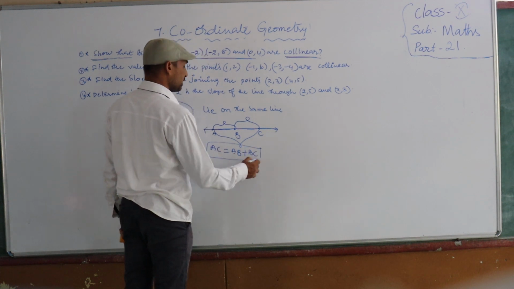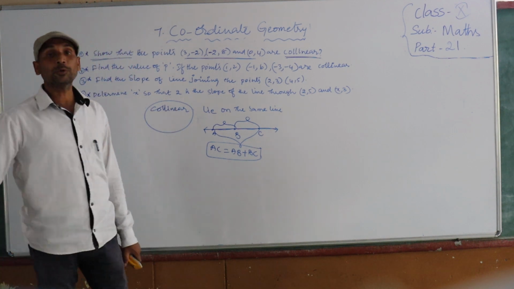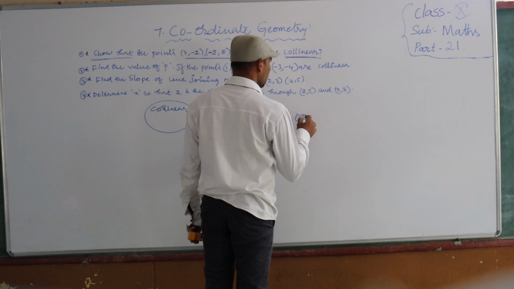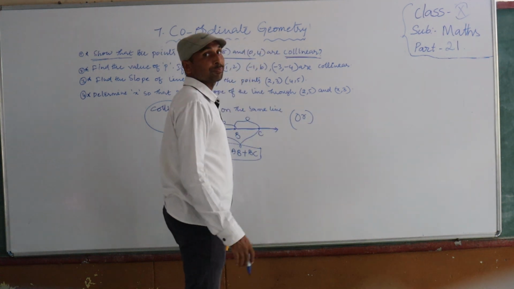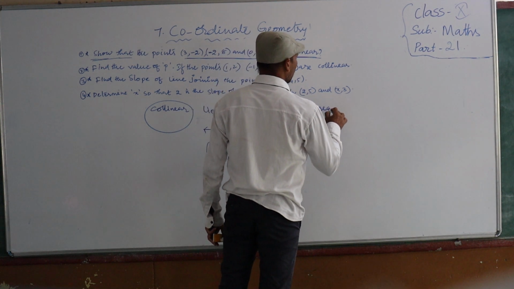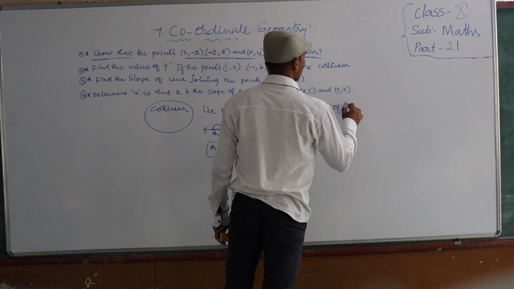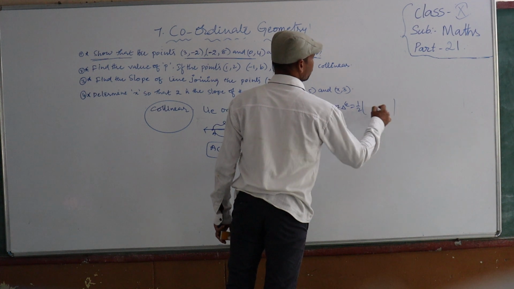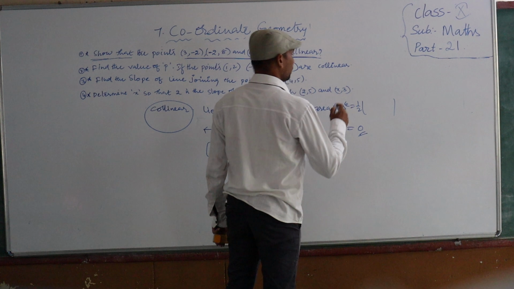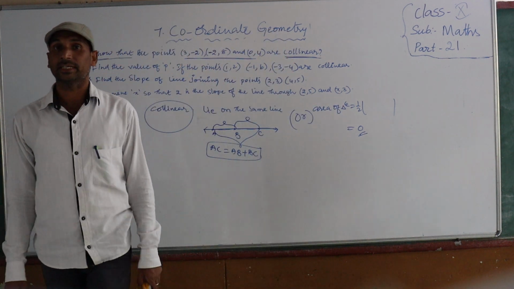If this condition is satisfied, the given points are collinear. Or, this is very important, if you find the area of the triangle using this formula and you get 0, the given points are collinear.